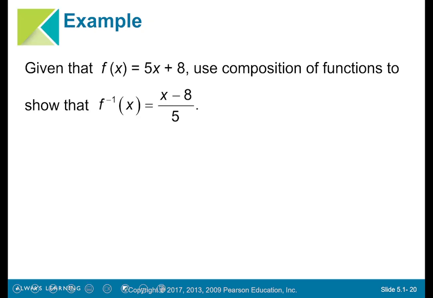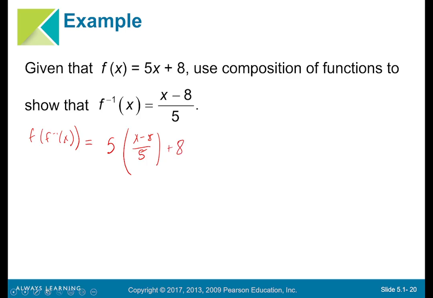So given that f of x equals 5x plus 8, and f inverse is x minus 8 over 5, let's check that these are in fact inverses. What we're going to do is find f of f inverse of x, and that's going to be 5 times x minus 8 over 5 plus 8.